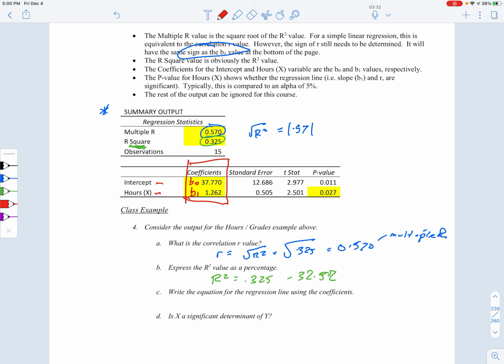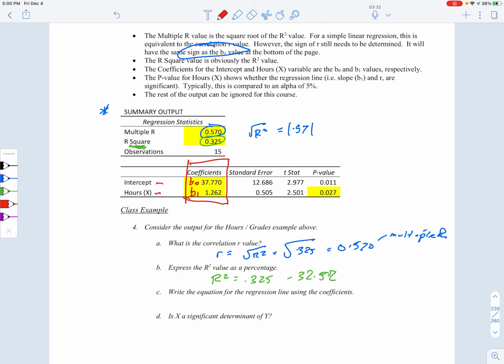When we get into multiple regression, we'll have one intercept line, but then we'll have a line for each x variable. So we would have a line for hours, and another line for age, and another for hours of working outside the home, or working outside of the class, and hours of sleep, and so on. So there'd be a line for each one.